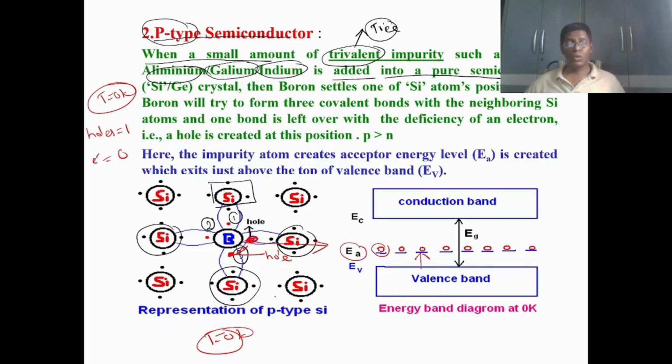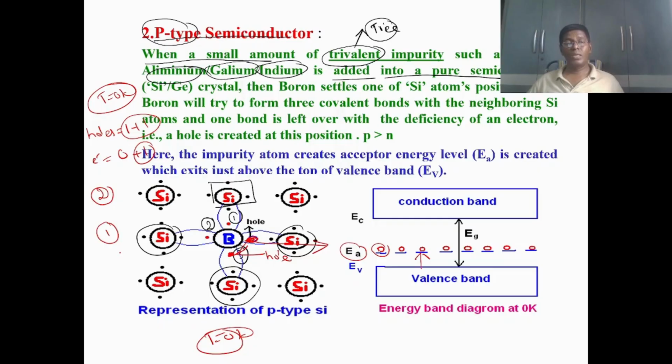Now as usual, if you increase the temperature above absolute temperature, then between the atoms one or more covalent bonds break down. If at least one bond breaks down, it results in the formation of one free electron. One electron becomes free and one more hole is created. Therefore the total number of holes is equal to 1 and the number of electrons is equal to 1.